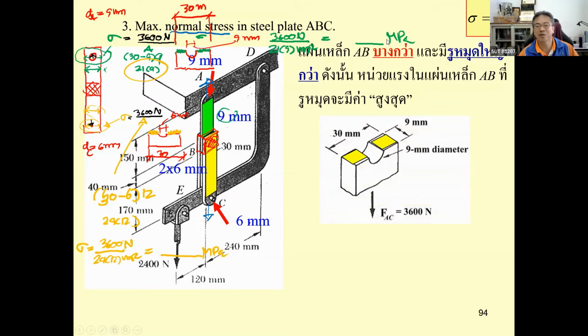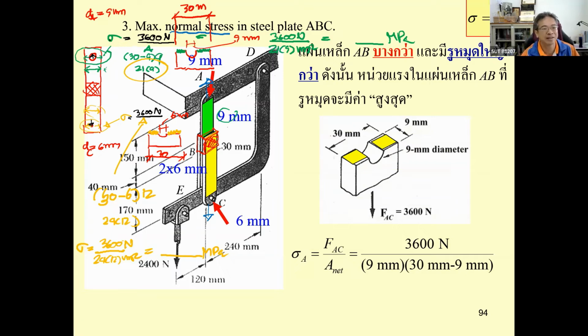By following this consideration, you got sigma at A, which is going to be larger than sigma at C, and the answer is going to be 19.05 megapascal. And usually this one will be less than sigma allowed.